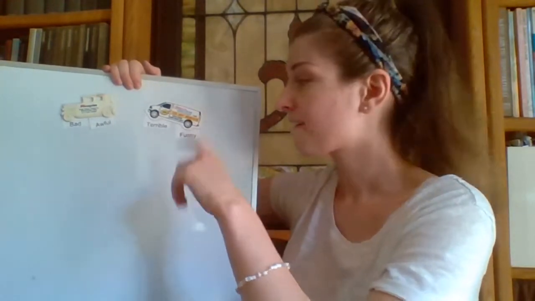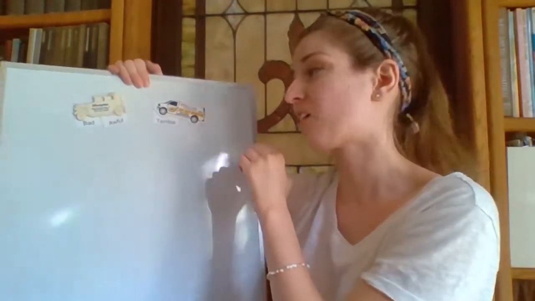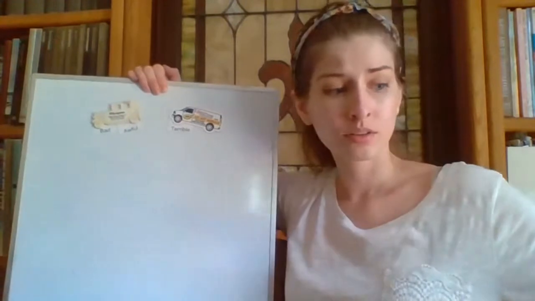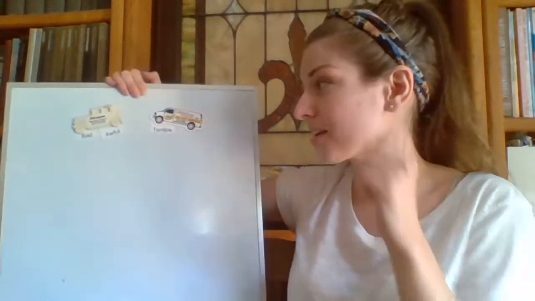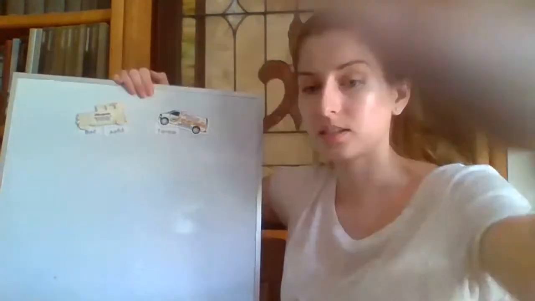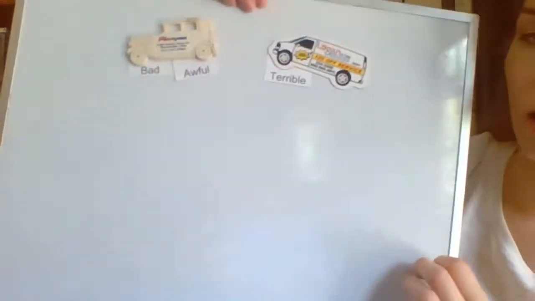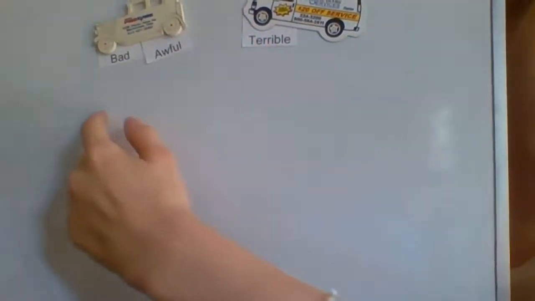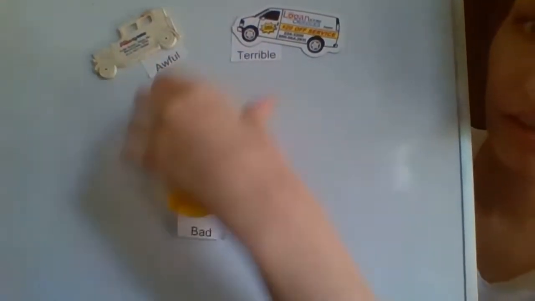I think funny is the odd one out because that doesn't belong in the same group as bad, awful, and terrible. Do you think we can sort them by intensities again? So let's start from the least intense this time. So the least intense. Would it be bad, awful, or terrible? So between terrible, awful, and bad, I think bad is the least intense.